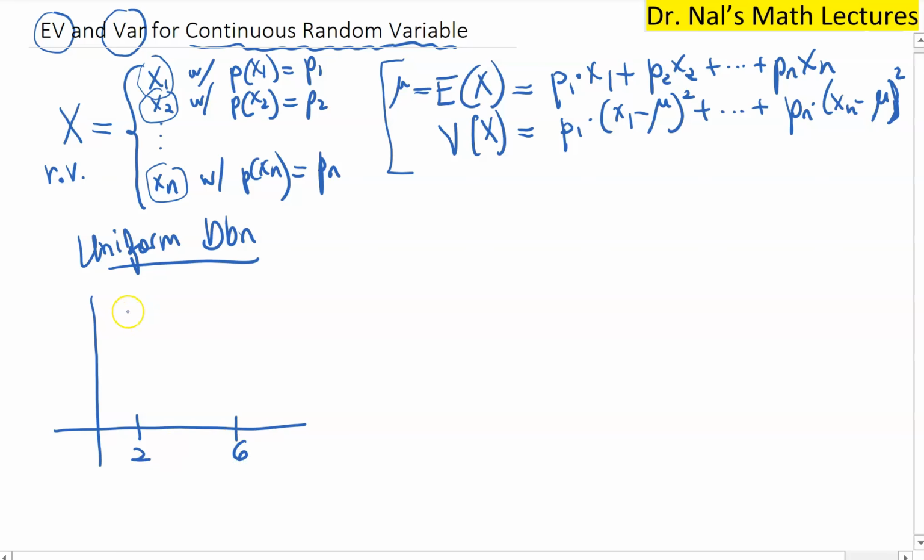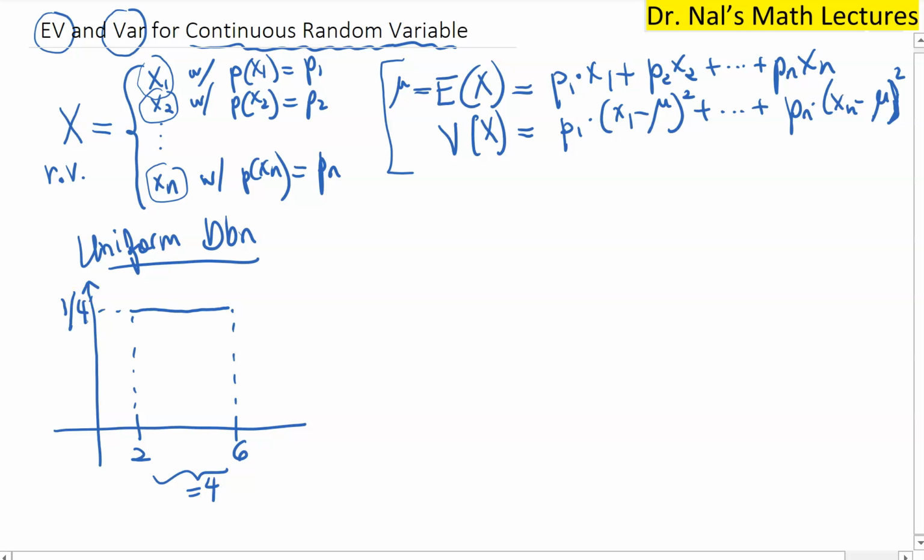Because it's a distribution function, the area underneath that distribution function should be equal to 1. So as a result, the base has a length of 4, so the height should be 1/4.